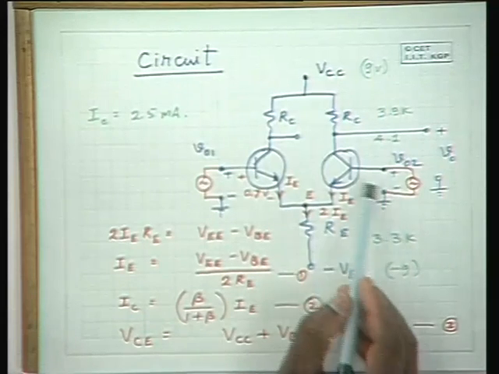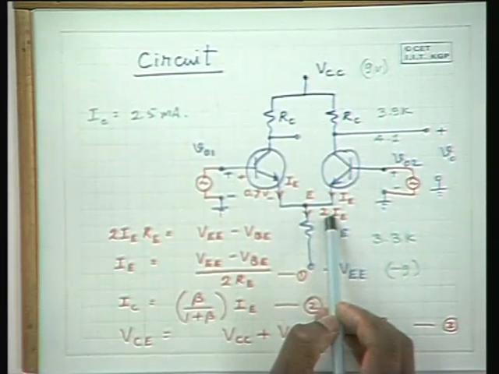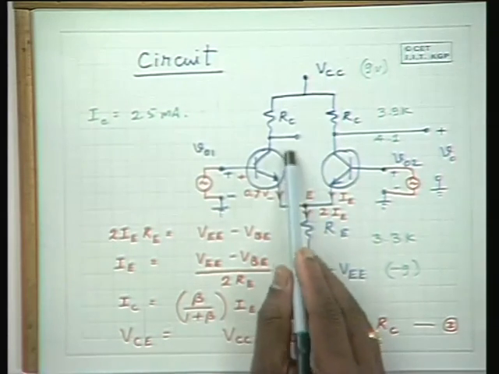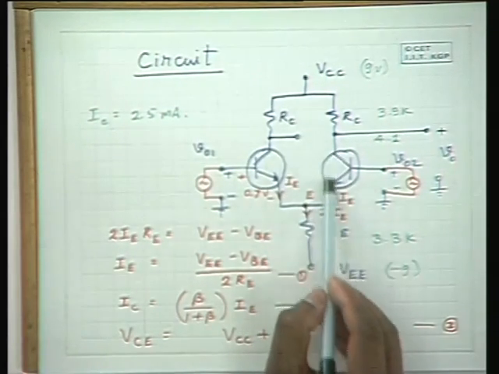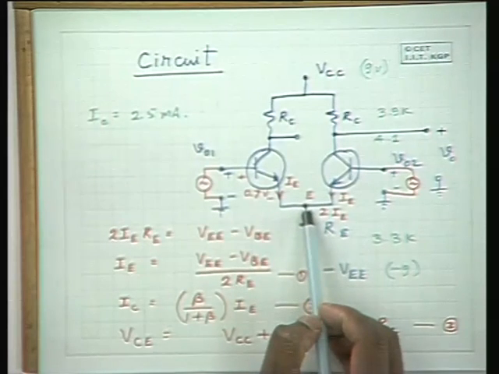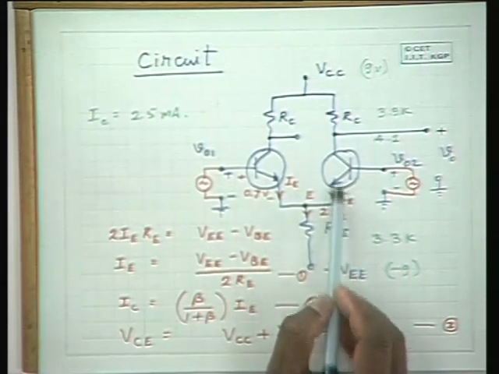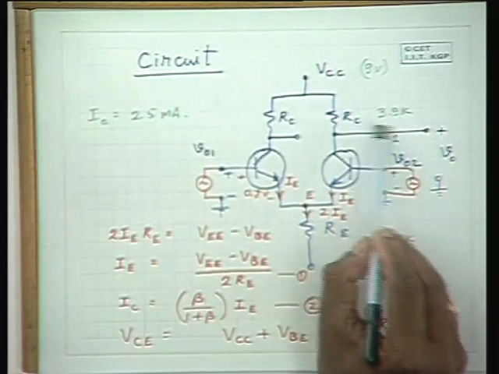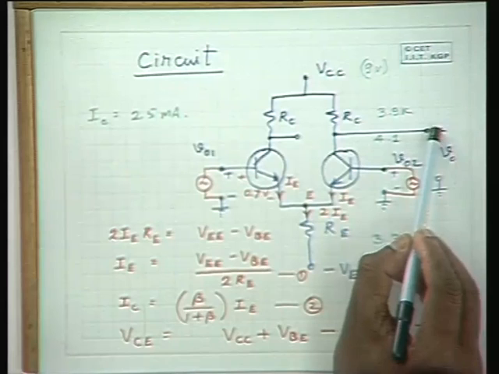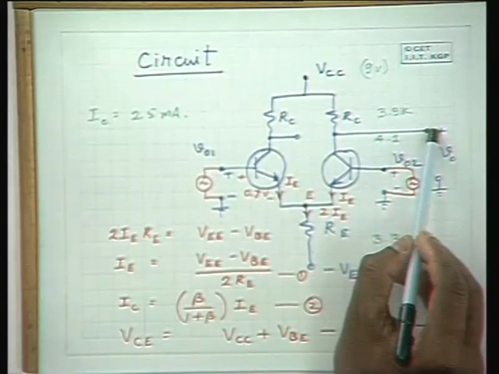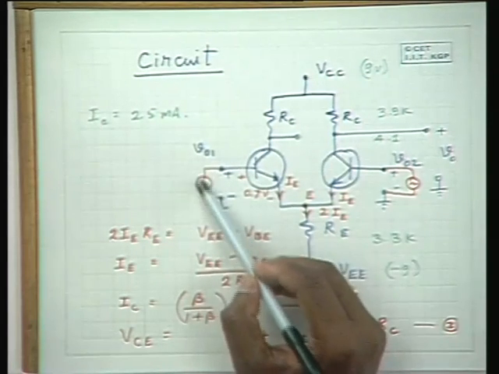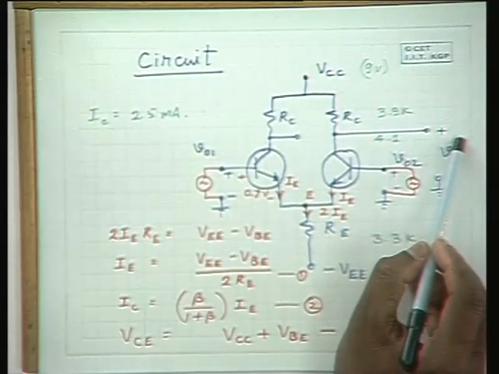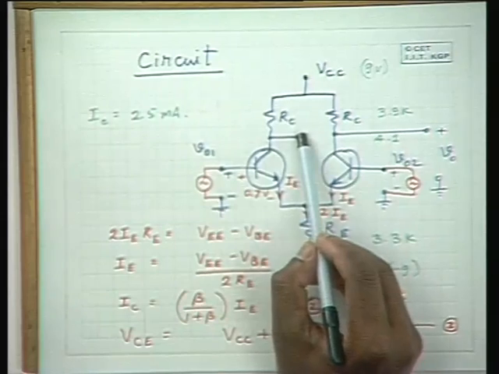And as a result this potential decreases, and an increased emitter current here decreases the emitter current on this side. When the emitter current decreases on this side, there is a rise in the potential at the collector. Therefore, for a positive signal applied here, you will get a positive signal here and a negative signal here.